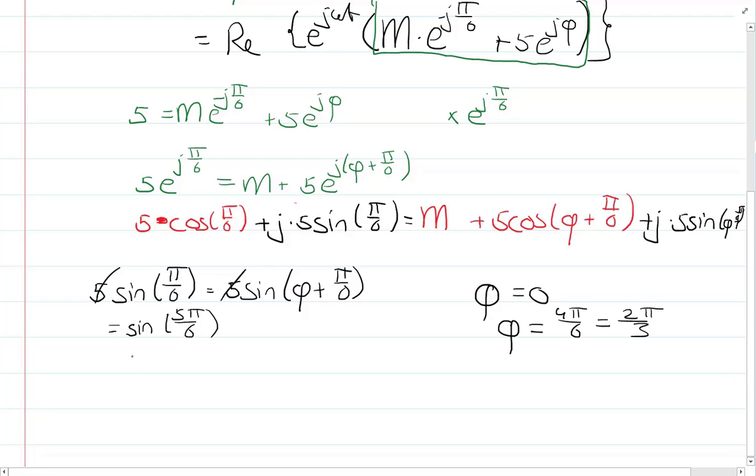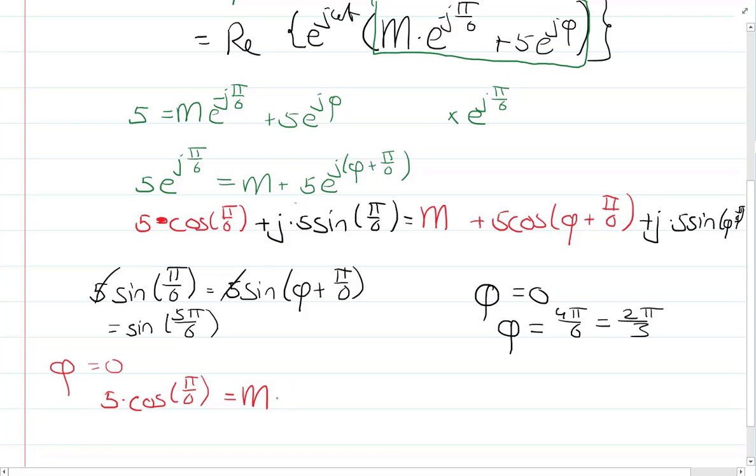So let's find m for these different values of phi. We get 5 times the cosine of pi over 6 is equal to m plus 5 times the cosine of phi plus pi over 6. This is for the case phi is 0.